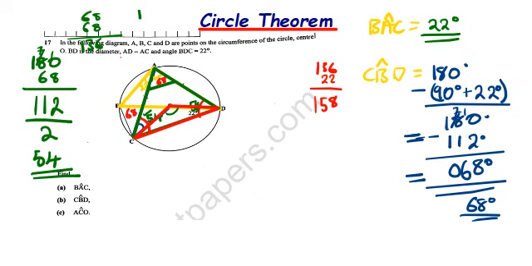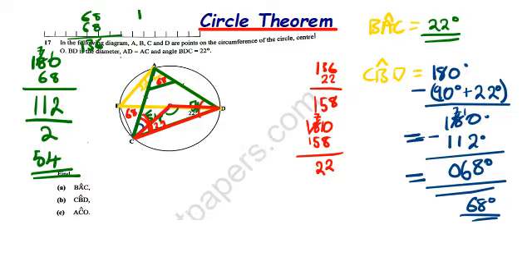And then that 158, if I subtract it from 180, which simply means that I'm going to have, there it is a 2, there it is also a 2, which simply means that I'm going to have a 22 there.